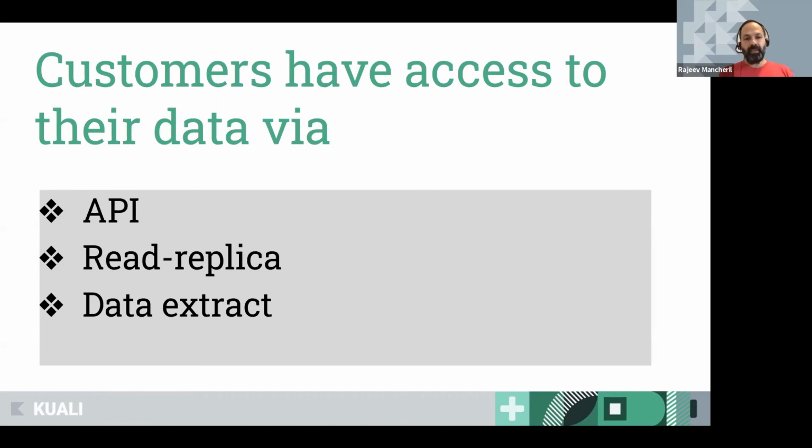The APIs are bundled with the product, which means you can use them anytime. We have several documentations on different APIs, and you get to access pretty much all the documents and all the data that's stored in cloud. The second option, read replica, and the third one, data extract, are on request. We set up the read replica, and we schedule a data extract, either a daily extract or a monthly extract of the full data that's stored in the database.